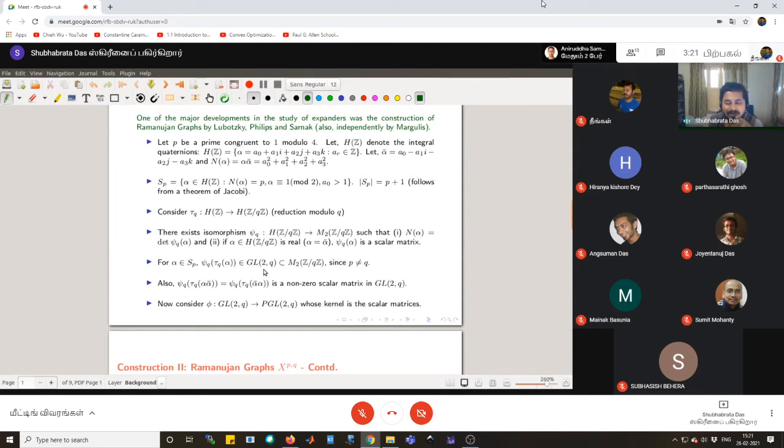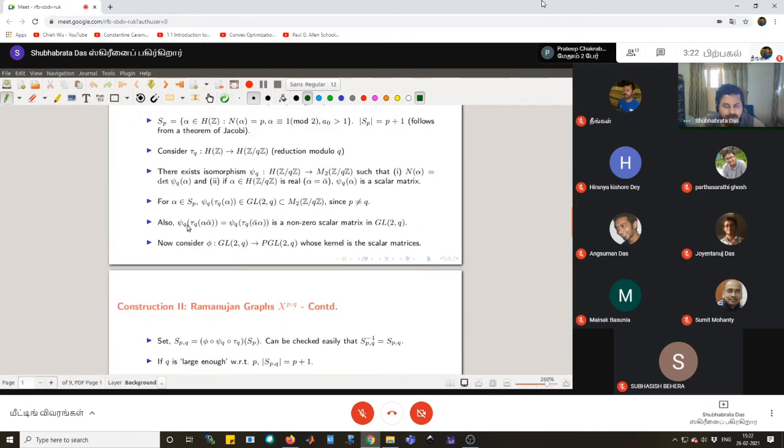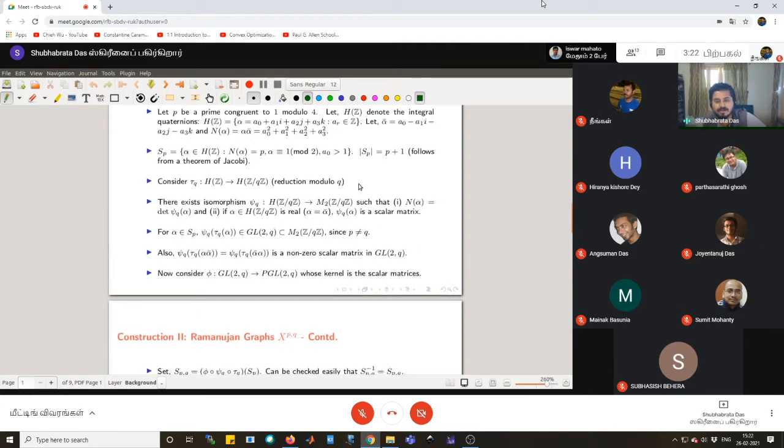So if we consider elements from SP, then if we send them through, we will get an image in GL2Q. And if we are taking elements of the form alpha alpha bar, they do map to scalar matrices in GL2Q.